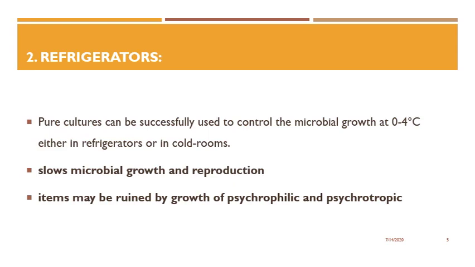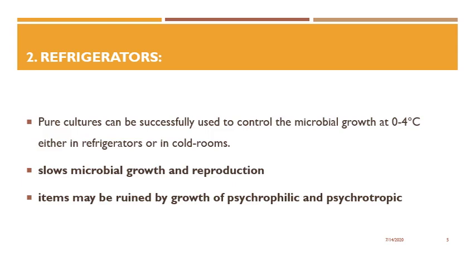Because frozen food can contain many microorganisms, it should be thawed in a refrigerator and consumed promptly in order to avoid spoilage and pathogen growth. Refrigeration greatly slows microbial growth and reproduction, but does not halt it completely.